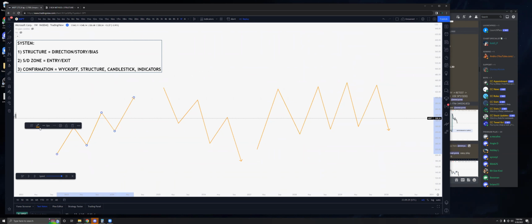So let me just highlight this. Let me change the color. Right now I'm just going over market structure, and I'm going to go into detail on how that works.